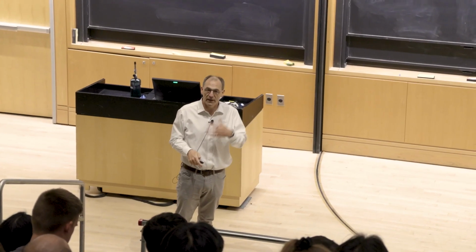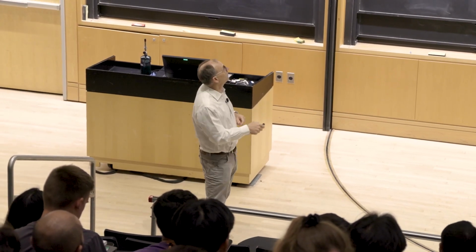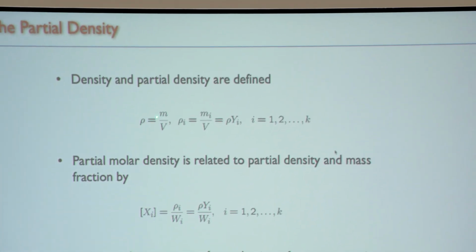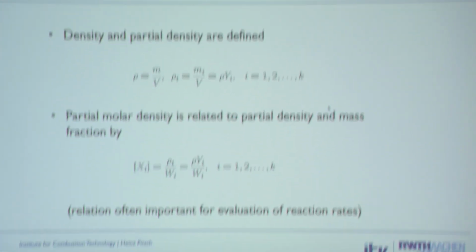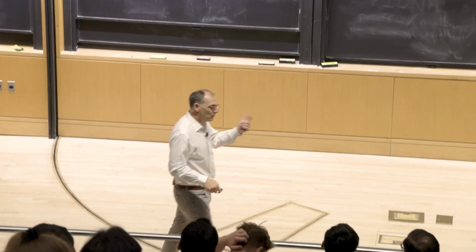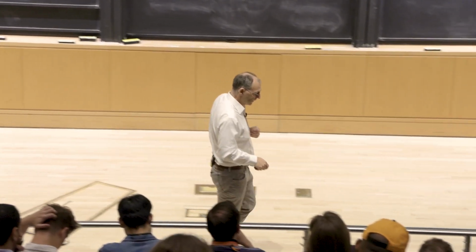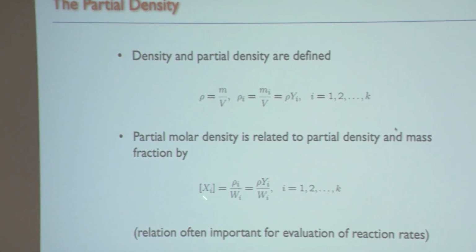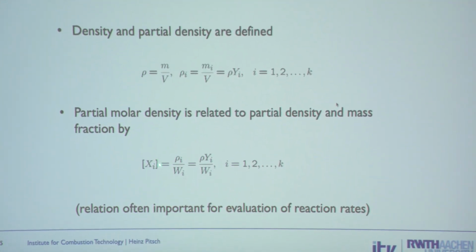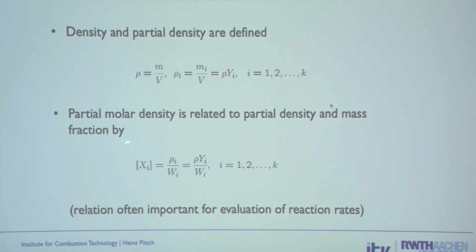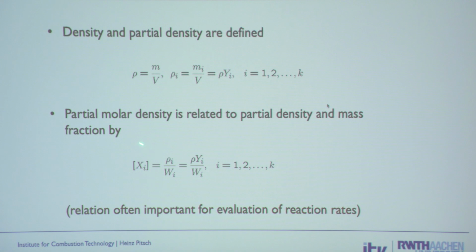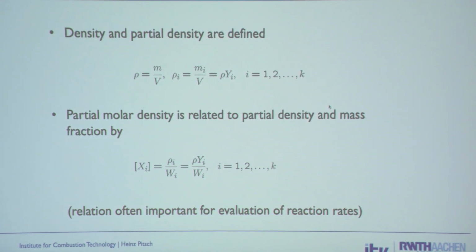Why do we use concentration? Because it usually appears in a reaction rate. This is the density, the mass density. Interestingly, the total concentration for moles is the same thing as the density for mass. Of course, there's a conversion between concentration and mass fraction.